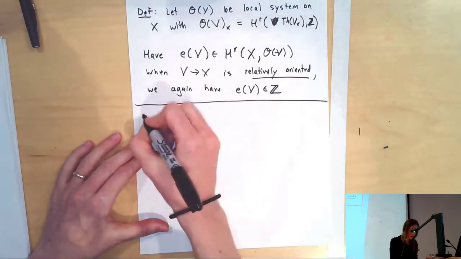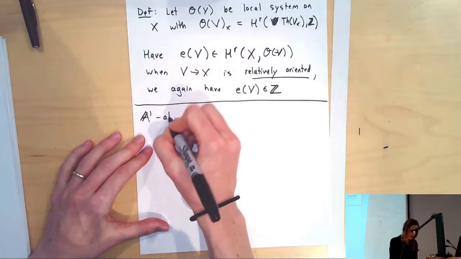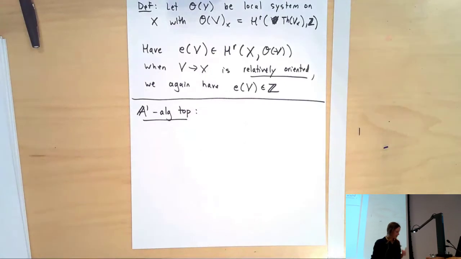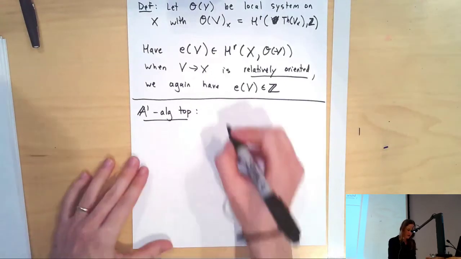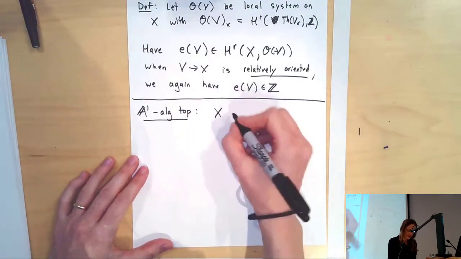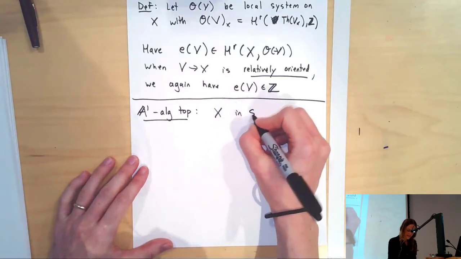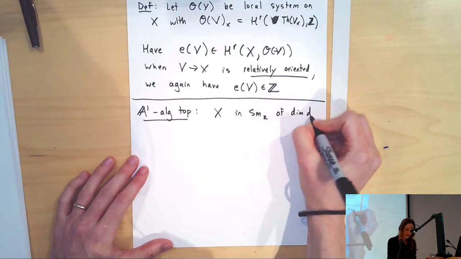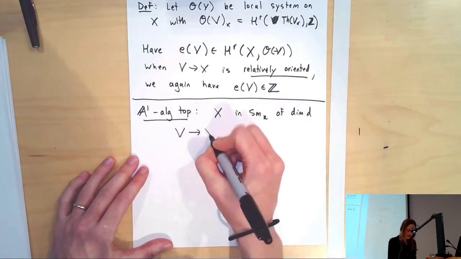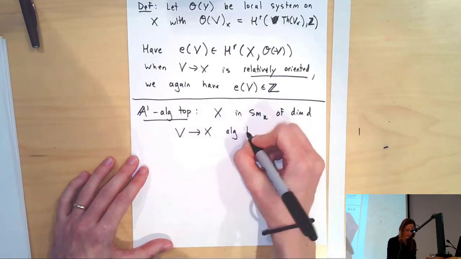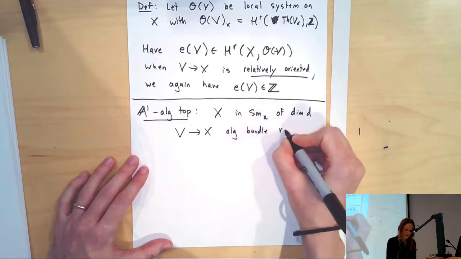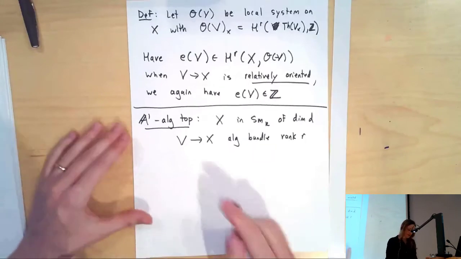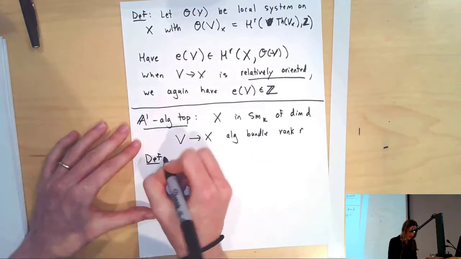So let's move to A1 algebraic topology. So the manifold becomes X, a smooth scheme of dimension D, and V to X is an algebraic bundle of rank R, and we're going to define oriented.